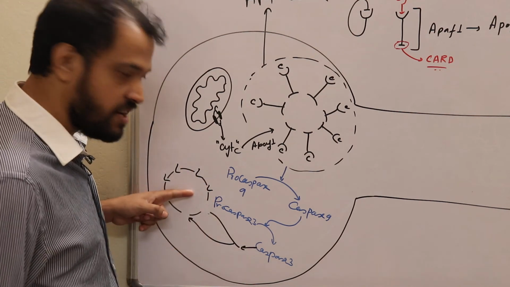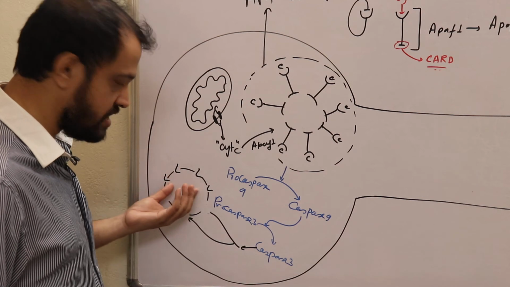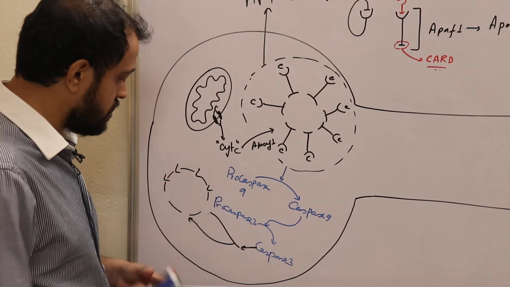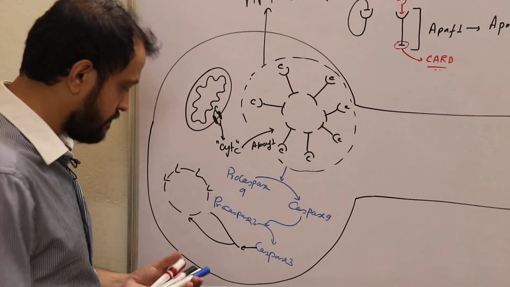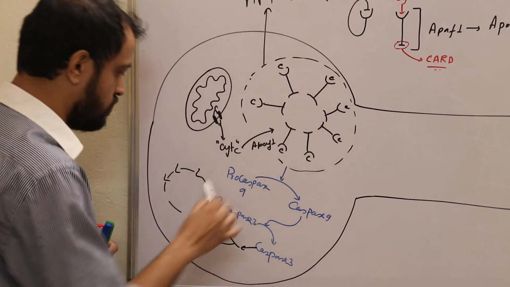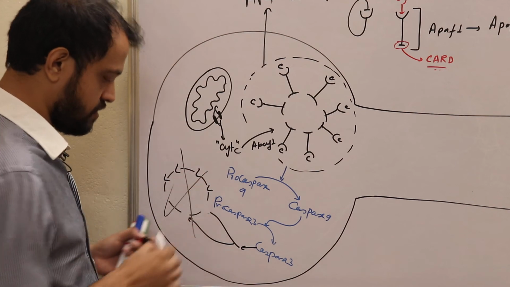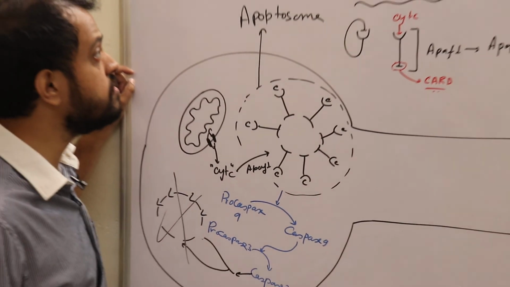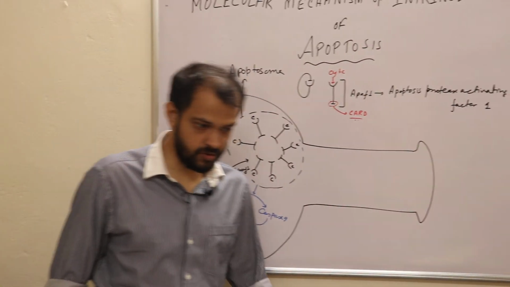And when this nuclear membrane integrity is lost, that means the genetic material actually is destroyed due to difference in pH, and that's why this cell as a whole dies. Okay, so this is the proper mechanism of the intrinsic pathway of apoptosis.